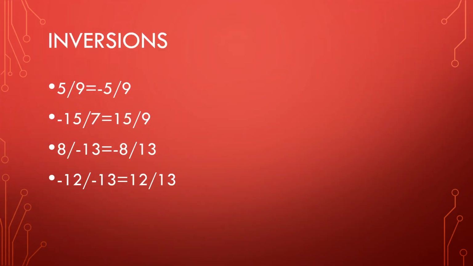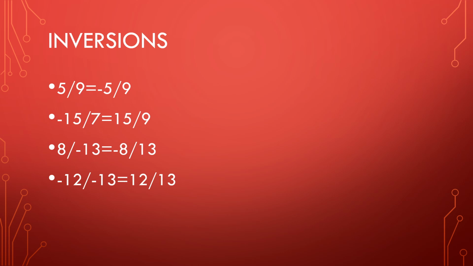Conversions, inversions. Inversions means you have to reciprocal it. Here are two positive numbers, denominator and numerator are positive numbers. So if you reciprocal it, the numerator would be negative. And if the numerator is negative and the denominator is positive, then the numerator will change to a positive integer, and the denominator stays as it is in its negative form.